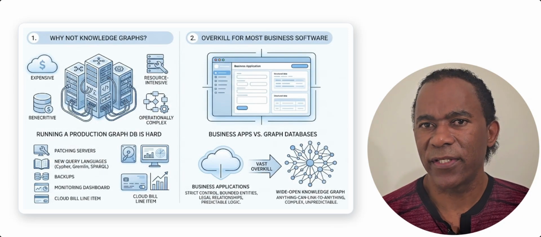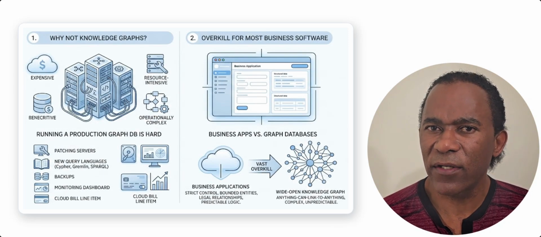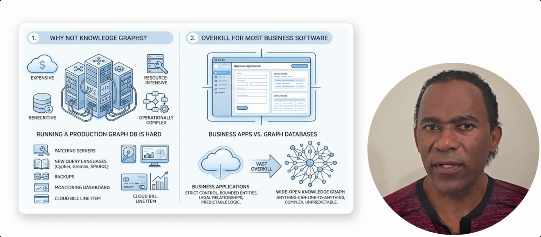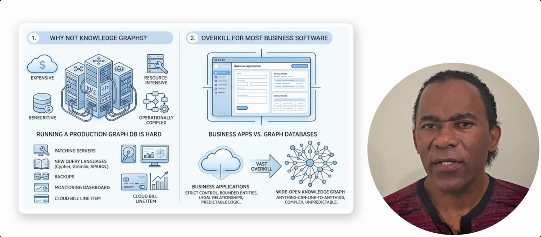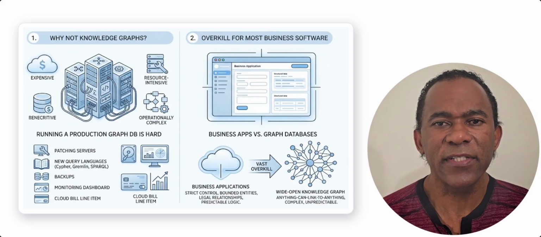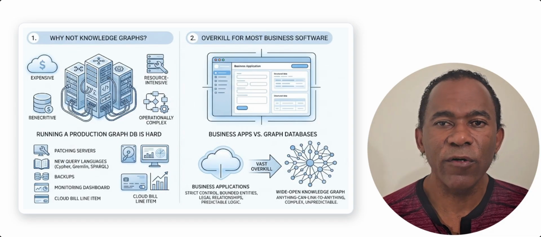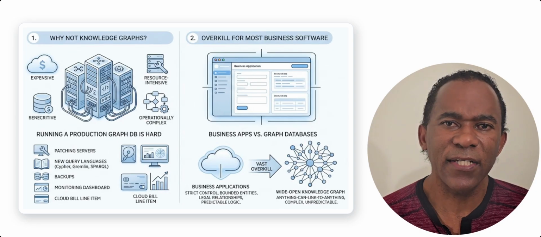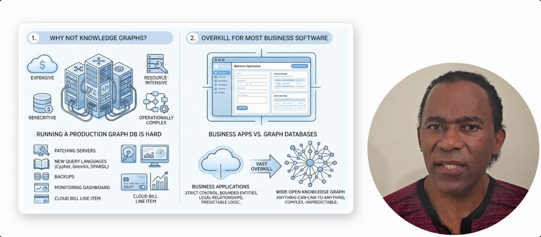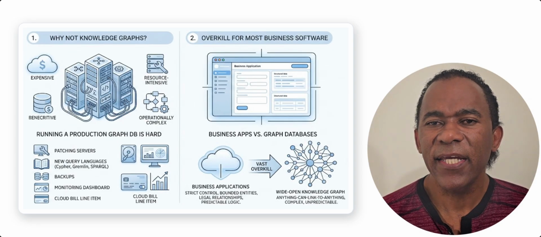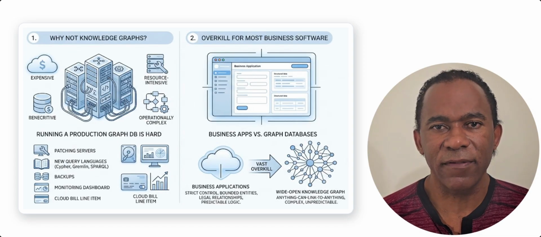So the obvious question is, if graphs are so great, why isn't every app using one? Well, the marketing for graph databases has convinced everyone that you need expensive products such as Neo4j or Amazon Neptune or Cosmos DB. Big enterprise tools that are expensive, operationally heavy.